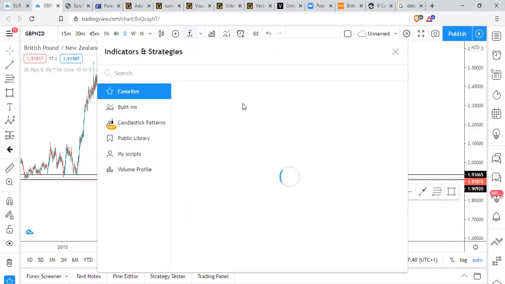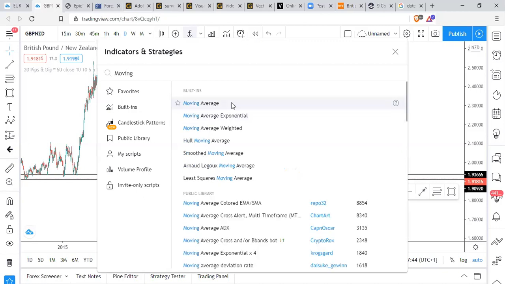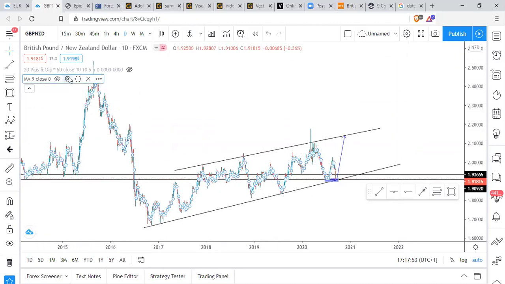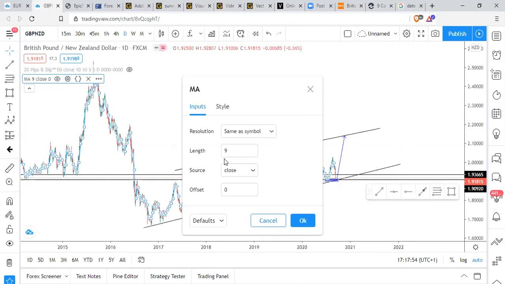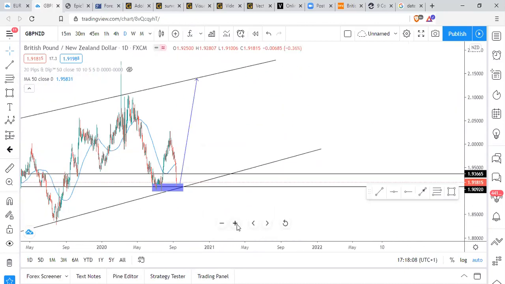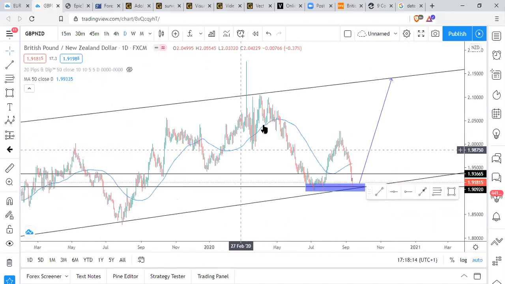Let me search for moving average. Let me change the value to 50. All right, so this is my moving average. My moving average is also my dynamic S and R. Why did I call it dynamic S and R? See it here, this stuff moving here.